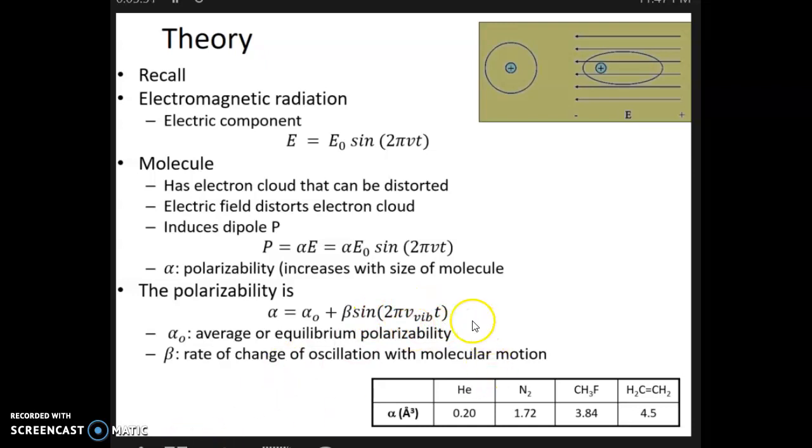The v vib here is the vibrational frequency, the frequency at which the molecule is vibrating, let's consider the vibrational mode now. If it's a rotation, then it's the frequency at which it's rotating. And beta is the rate of change of the polarizability with the particular molecular motion.